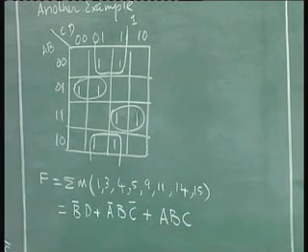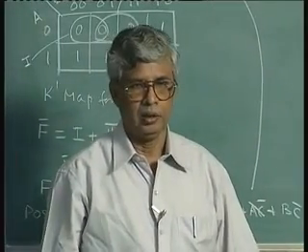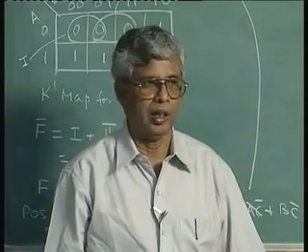We have done this earlier, and the map is simple to read. There is no ambiguity here in terms of non-essential prime implicants and all that.